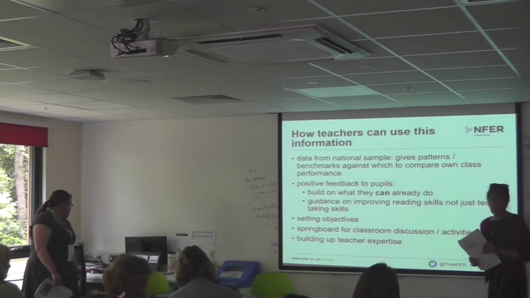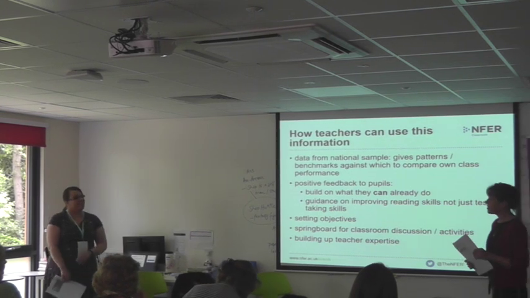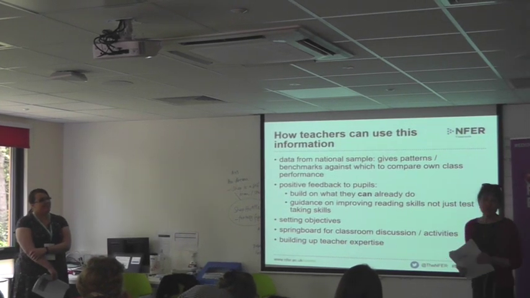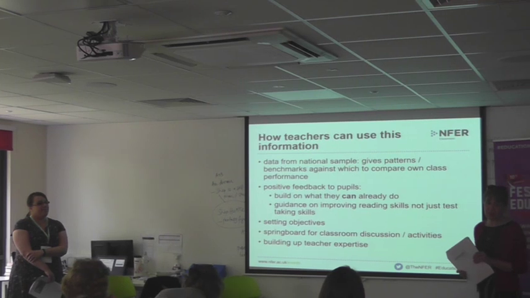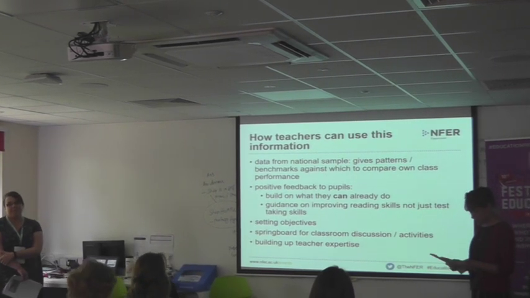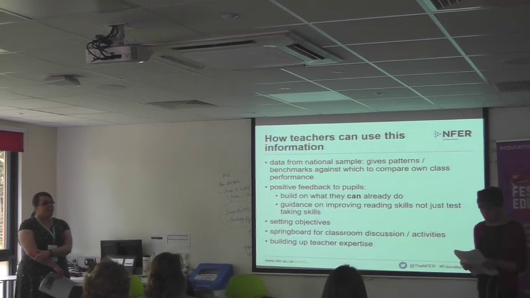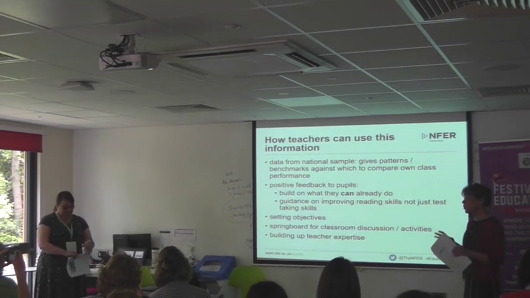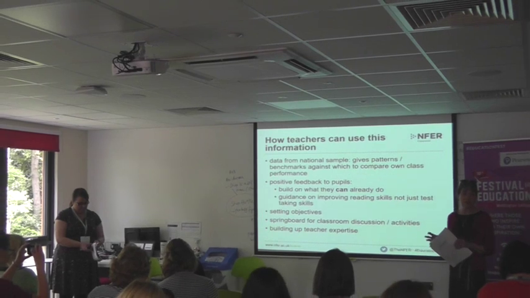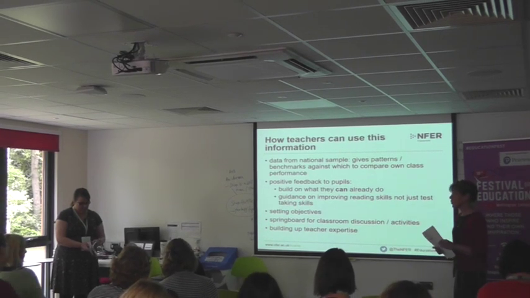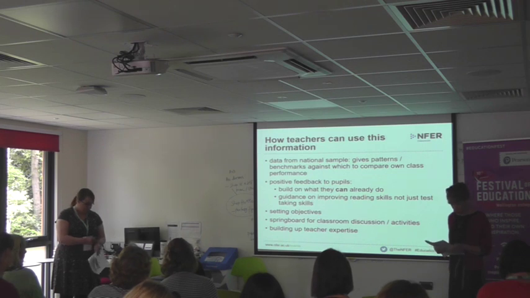So what's the purpose of all this information, and how can teachers use all the information that we teased out from 1,700 pupil answers? Well, it's data from a national sample, so it gives you patterns of performance as a benchmark against which you can compare your own children's performance.